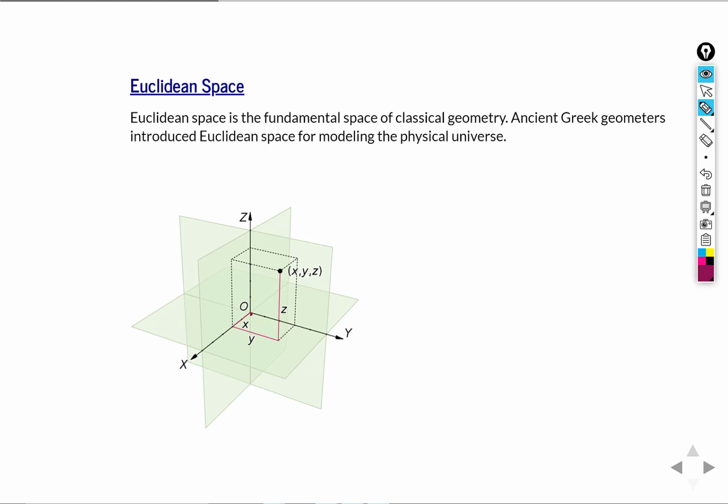Now, any point in this space can be uniquely identified by 3 parameters, x, y, and z. We have 3 perpendicular axes, x, y, and z. The parameter x shows the distance from the origin along the x-axis.